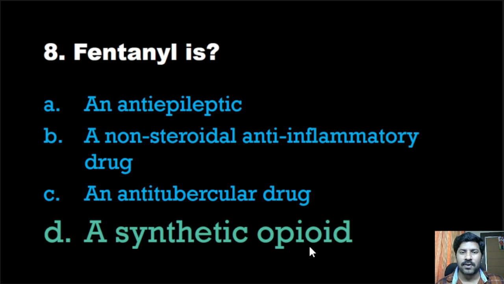There is a natural opioid that is commonly used in our ICU setup, operation room and all, that is morphine sulfate. So compared to morphine, fentanyl has lesser side effects. That is why it is used very commonly, because respiratory depression chance is very less when compared to morphine.